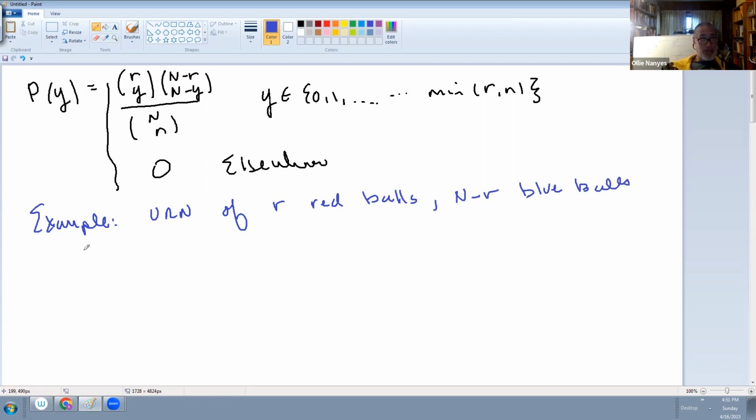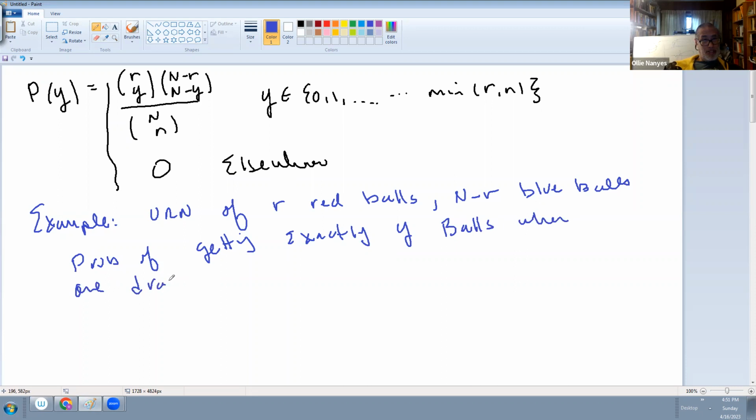And we want to know what's the probability of getting exactly y red balls when one draws n balls, where of course n has to be less than or equal to big N, without replacement.